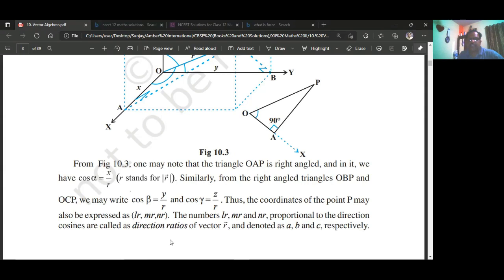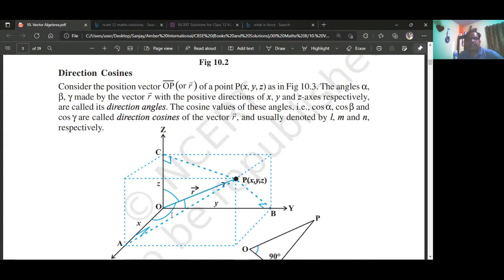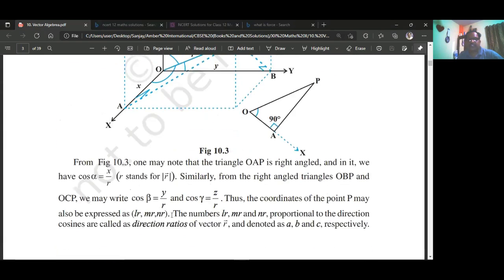So the numbers lr, mr, nr proportional to the direction cosines are known as the direction ratios, right? What are this l, m and n? This l, m, n are nothing but cos alpha, cos beta and cos gamma respectively, as we have seen earlier. They are the notations for the direction cosines, right?